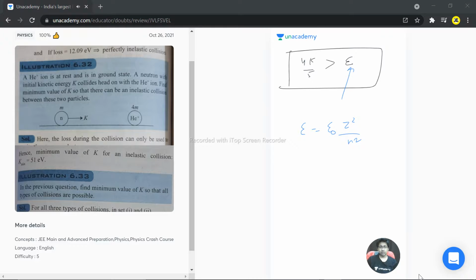So the value is 13.6 multiplied by Z square, where Z for helium is 2, so 2 square is 4.